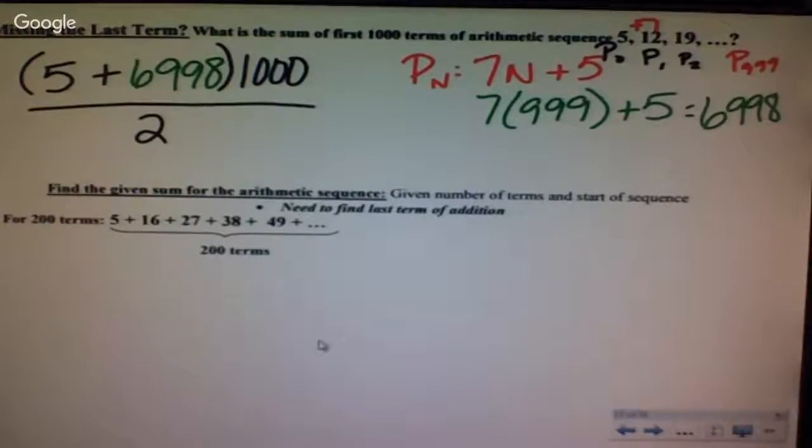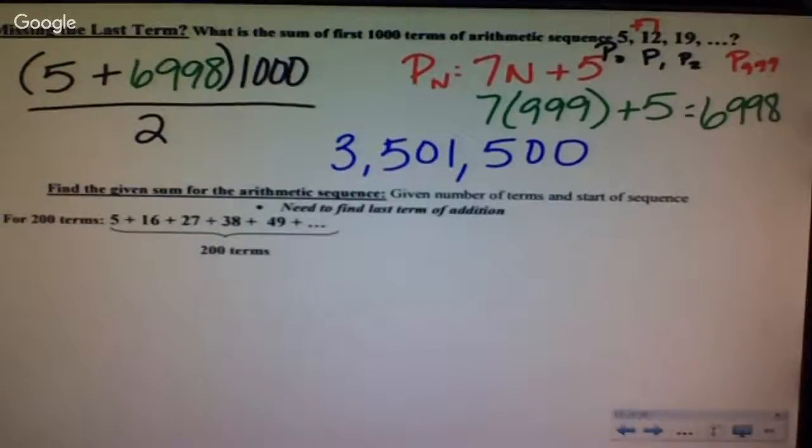Okay, so what do we start with? 3, 5, 0, 1, 5, 0, 0. If I add up all those numbers that start at 5, increase by 7 each time, and finish at 6,998, that total is 3,501,500.